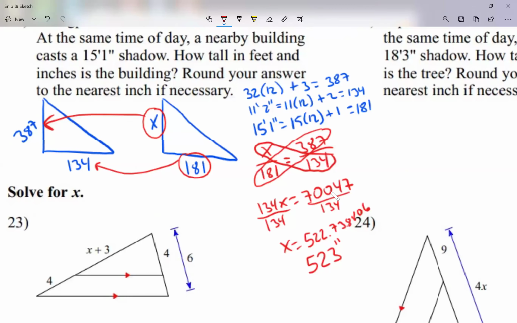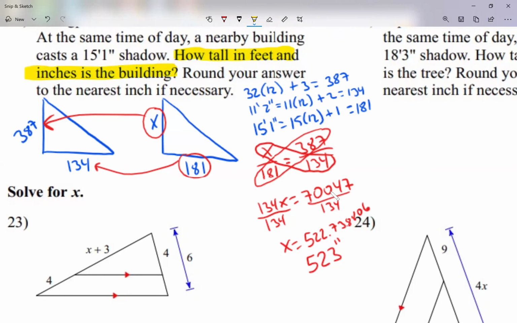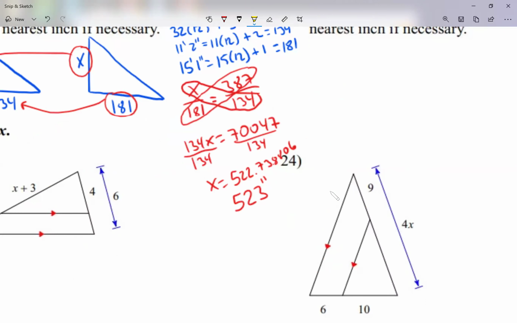However, it says in the instructions, how tall in feet and inches is the building. We usually don't walk around and say, my height is 66 inches. No, we break it down, right? 5 feet, 6 inches. So how am I going to break this?